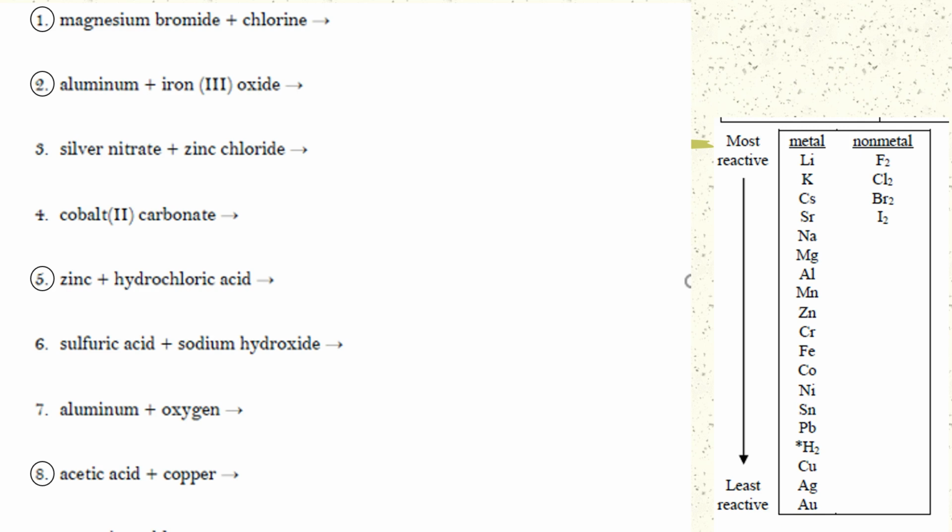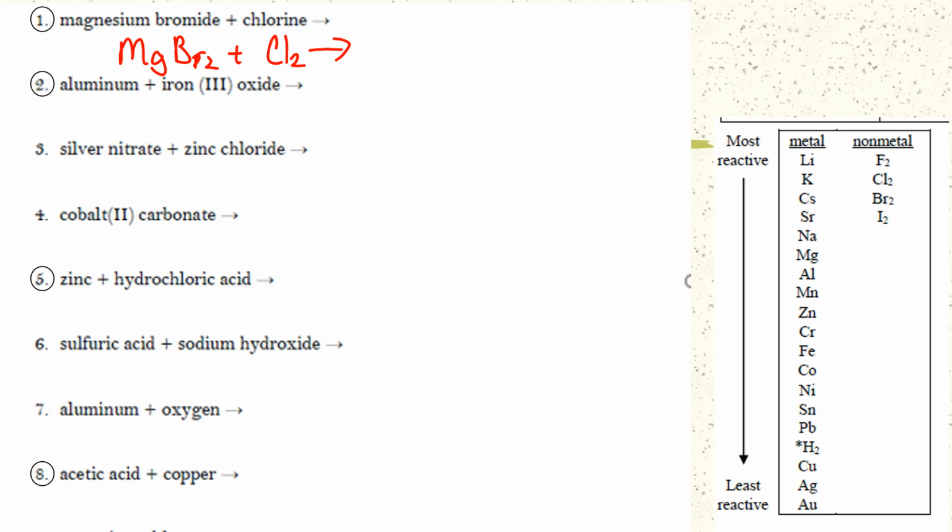All right. So has everybody had a chance for number one? All right. So magnesium bromide, your formula should have been MgBr2 plus Cl2. Does everybody agree with that at that point? Will this reaction occur? Yes.